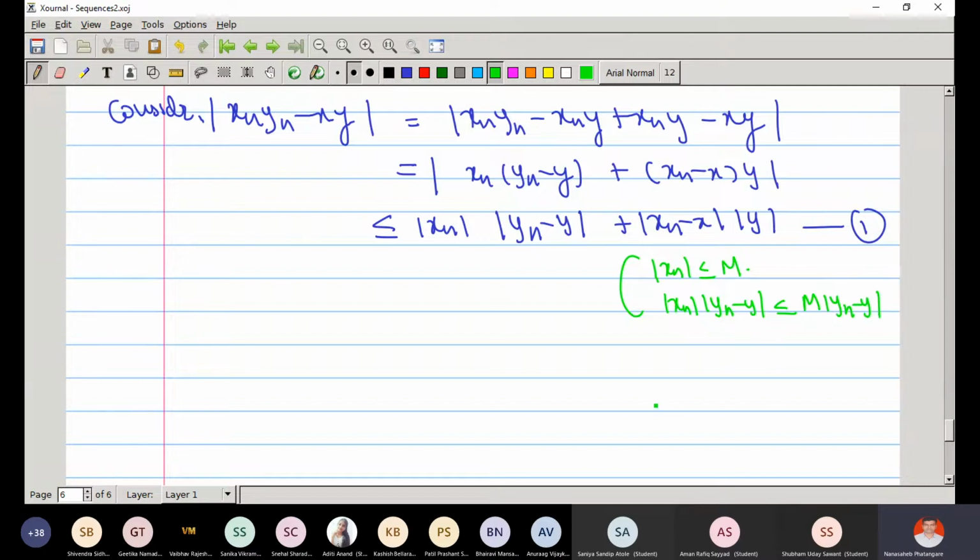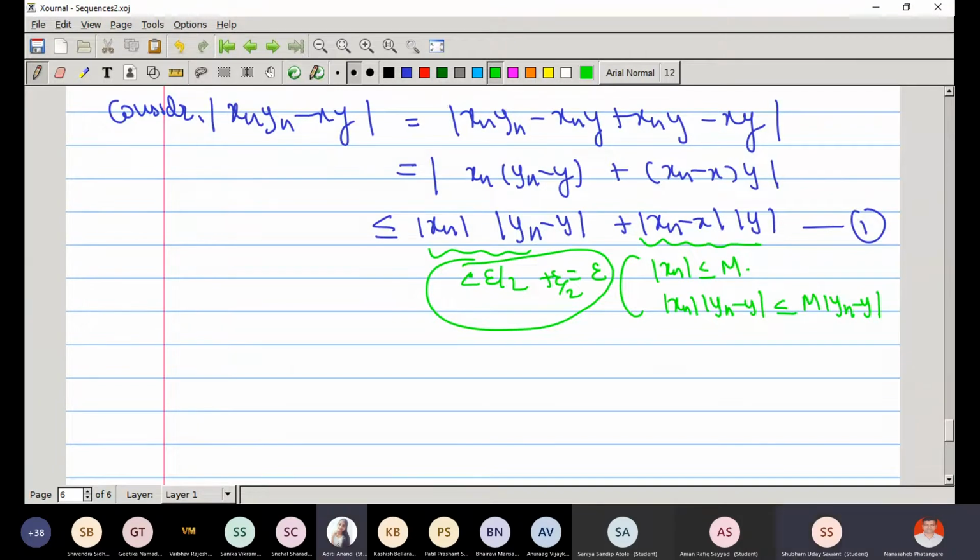Somehow, if I can make the first term less than epsilon by 2 and the second term less than epsilon by 2, then I will be able to make this less than epsilon. This is what is going on in my mind. You understand?